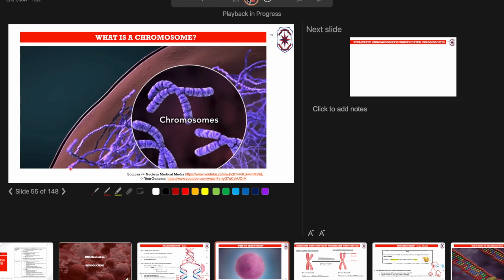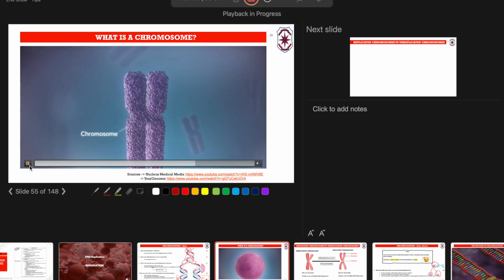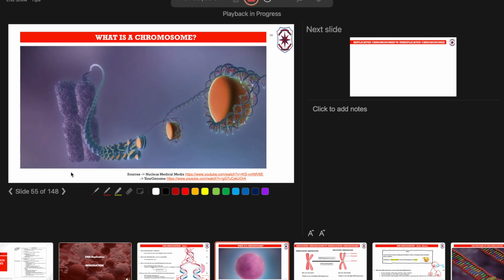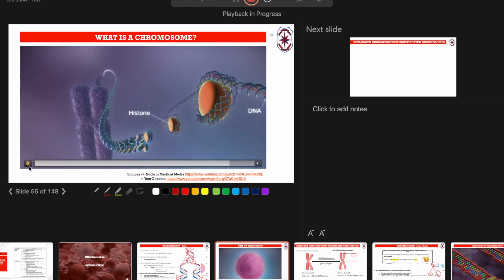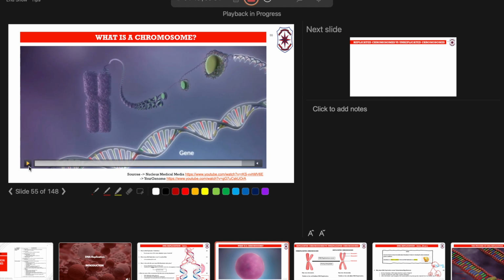Now, let us continue. What do we expect to see when we unbundle, or unwrap, the chromatids of a chromosome? A chromosome is essentially made up of two things, okay? When we unbundle or unwrap this chromosome, we expect to see DNA and histone proteins, okay?